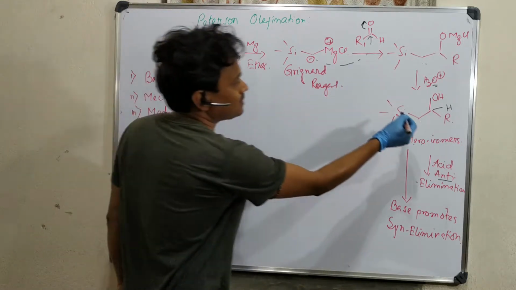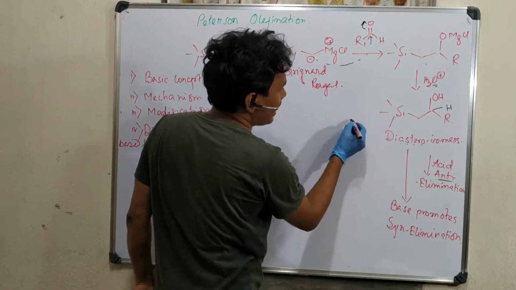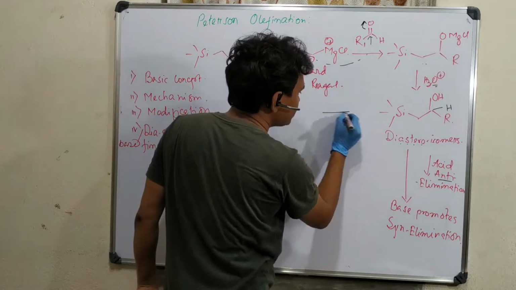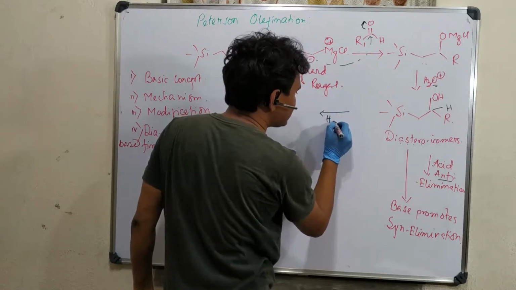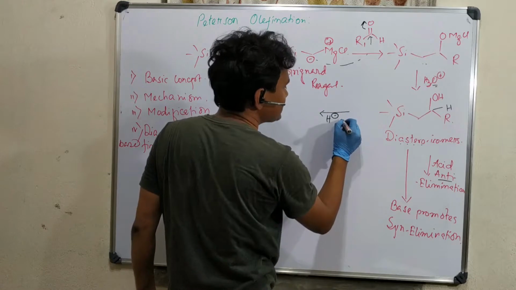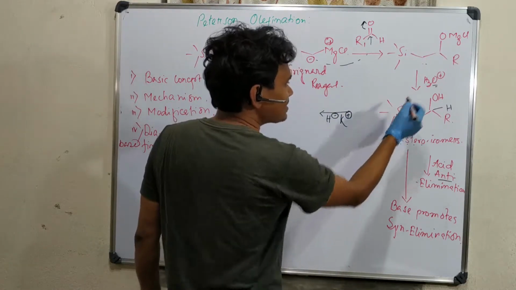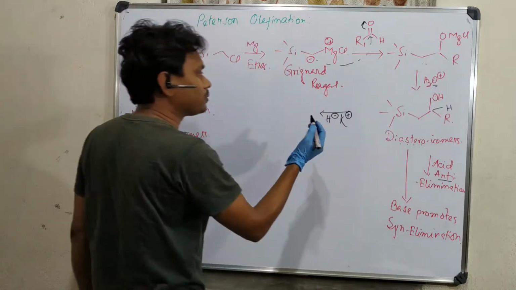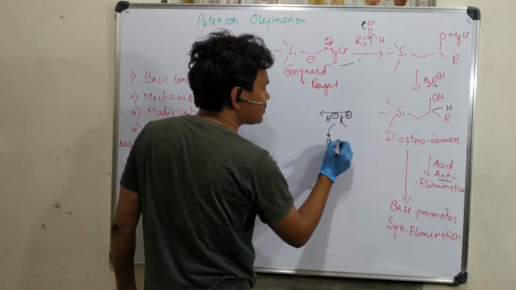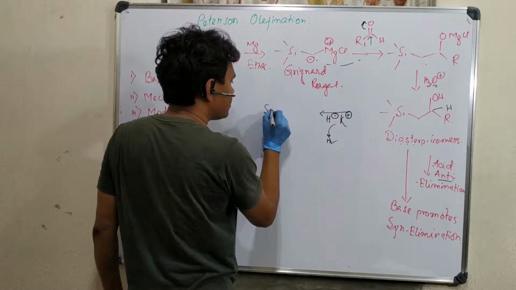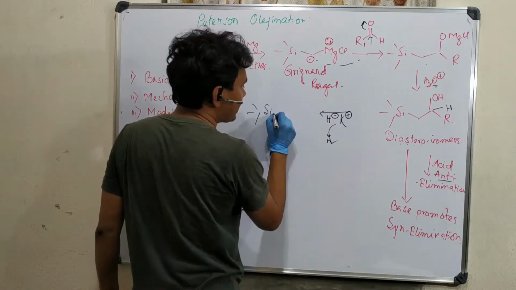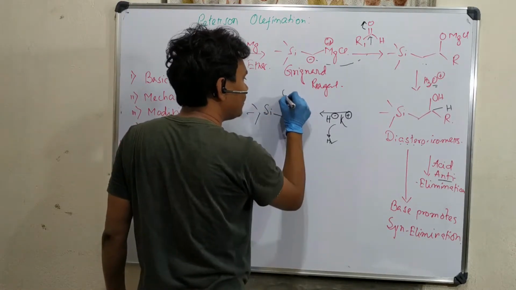What happens to this silyl alcohol? In the presence of a base, for example a hydride like potassium hydride, it abstracts the alcohol proton and produces hydrogen. So it releases hydrogen, and this gives O minus.